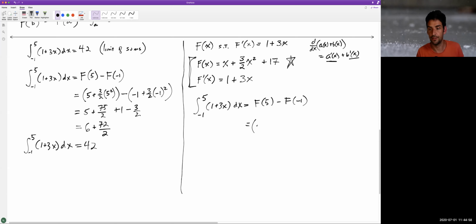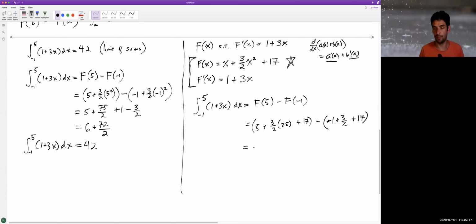And we're going to get 5 plus 3/2 times 25 plus 17 minus -1 plus 3/2 times -1 squared, and we'll get a plus 17. Now notice what happens. I get 5 plus 75/2 plus 17 plus 1 minus 3/2 minus 17, right?